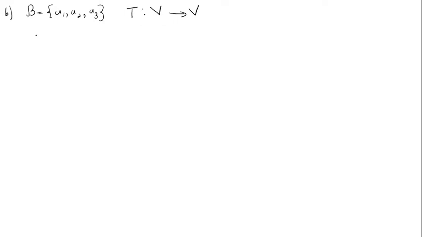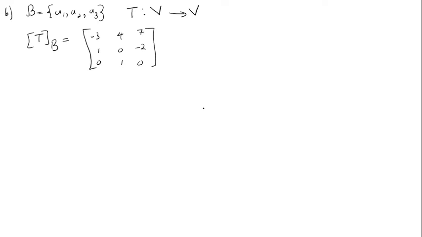That is T_B, given as minus 3, 1, 0, 4, 0, 1 and 7, minus 2, 0. This is the matrix representation of this linear transformation.